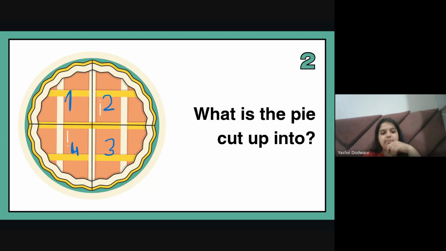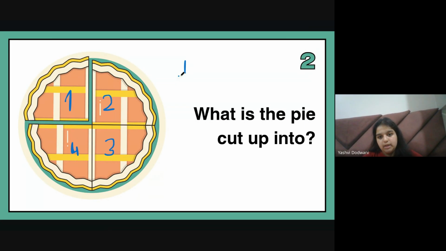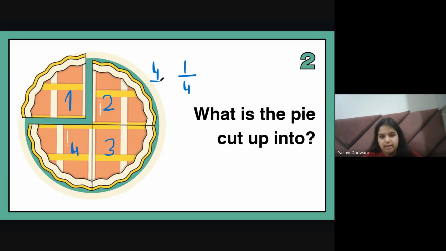Okay, so let me explain. If I ate one slice out of four, the fraction would be 1 by 4, right? And how many total are there? There are four slices. So 4 by 4.